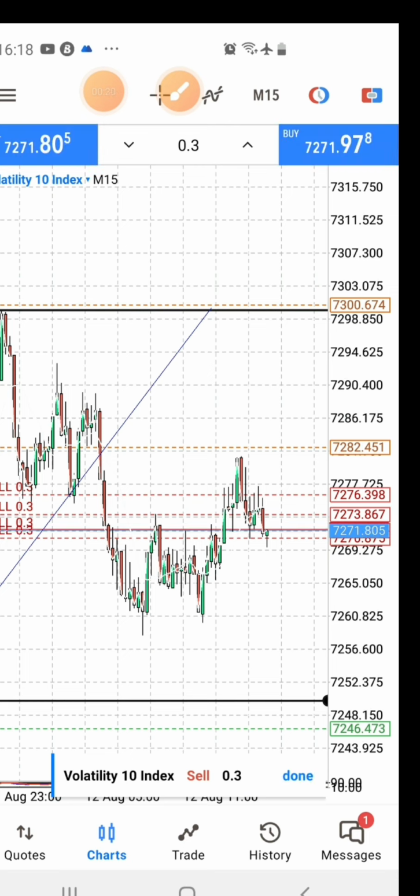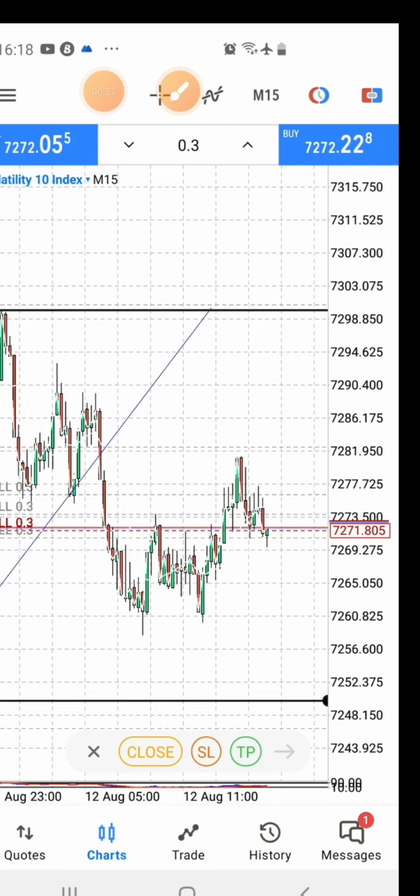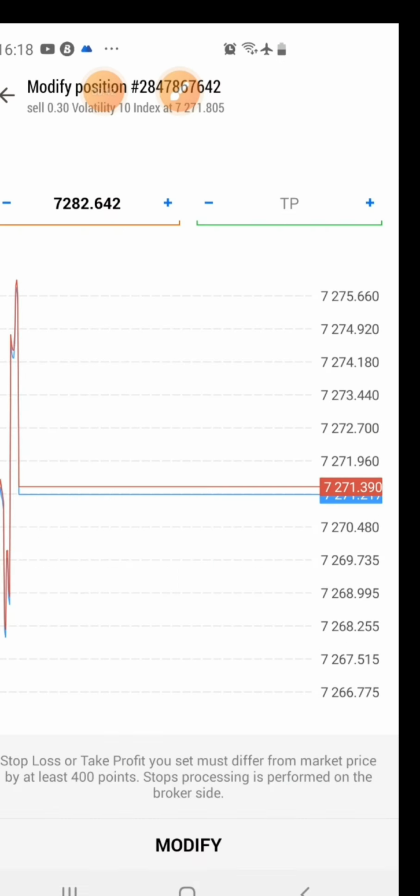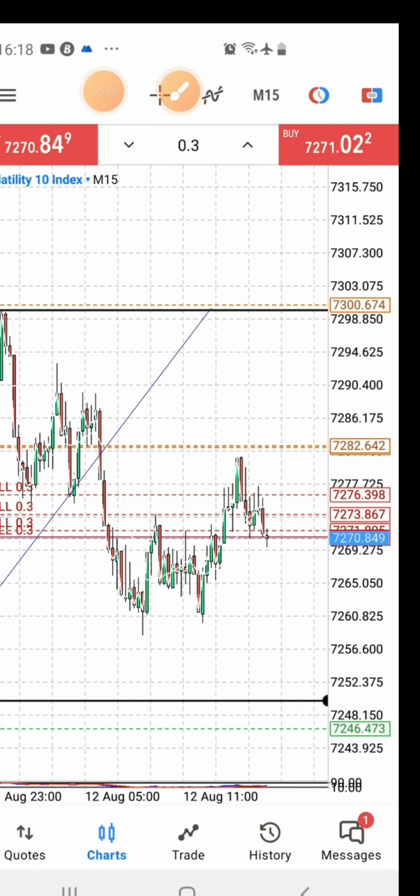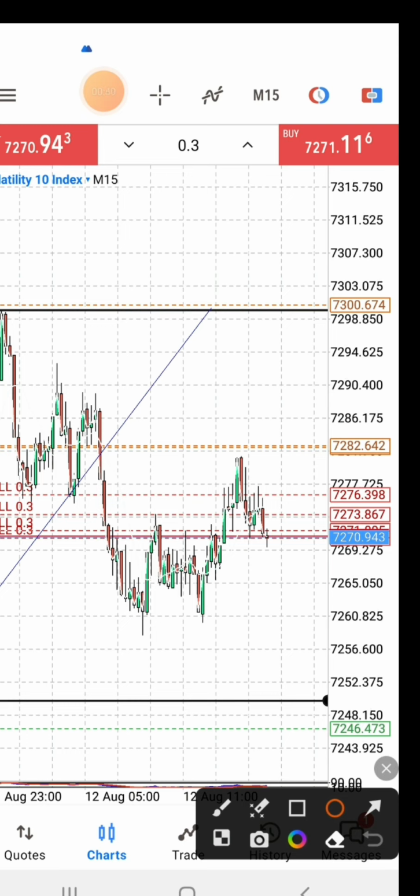So remember, I'm just sharing this with you. My SL should be here. At this point, my SL should be above here instead of putting it at the previous stop loss level. This is the previous stop loss level based on this strategy, which is this zone.